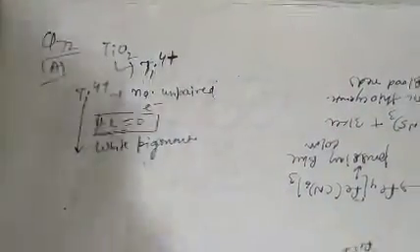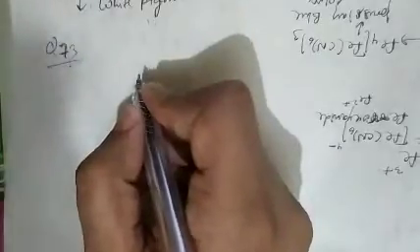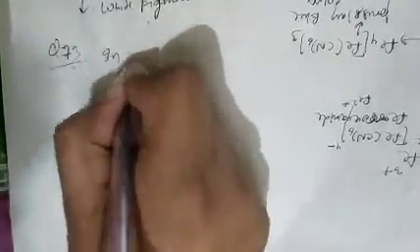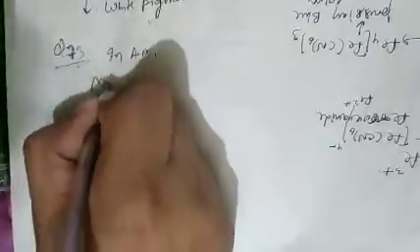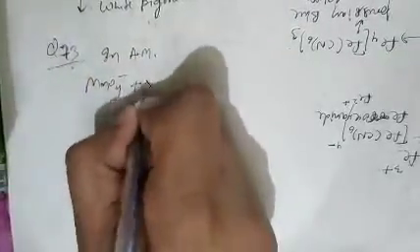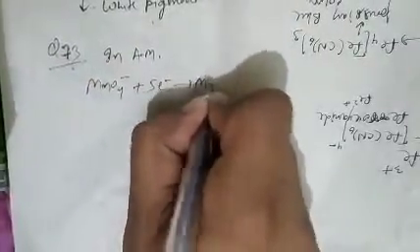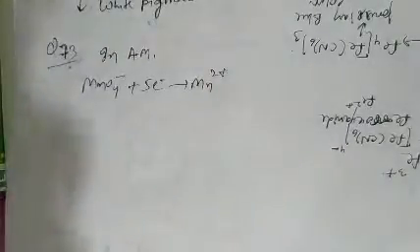See question number 73. The question is the equivalent weight of KMnO4 in acidic medium. We know in acidic medium MnO4 minus gains 5 electrons and converts into Mn2 plus ion.